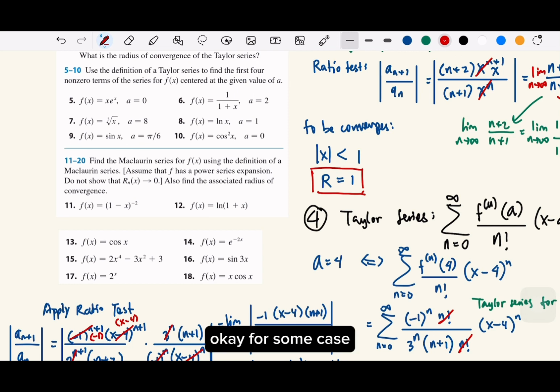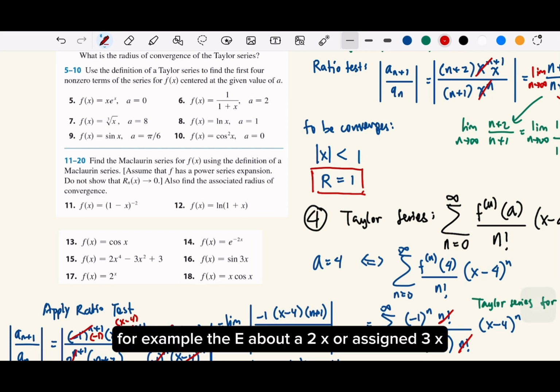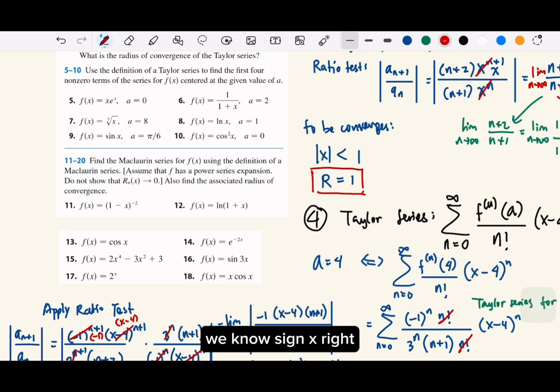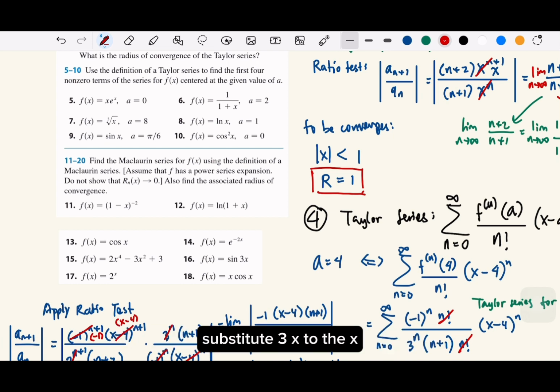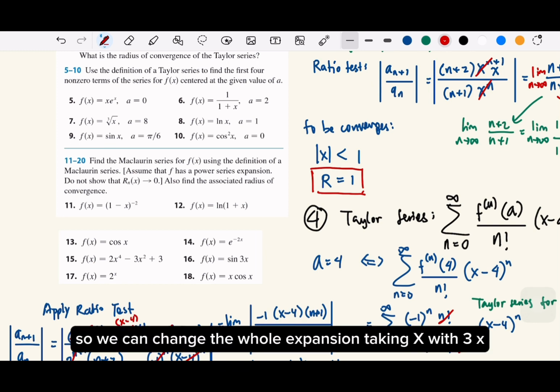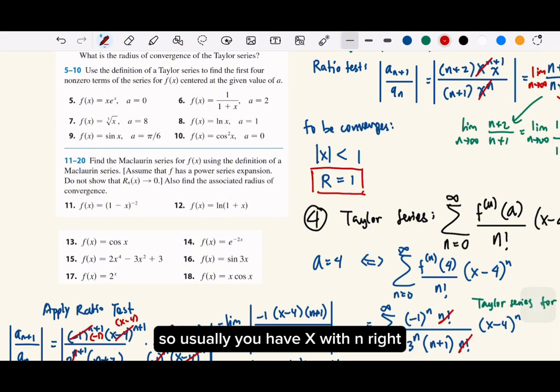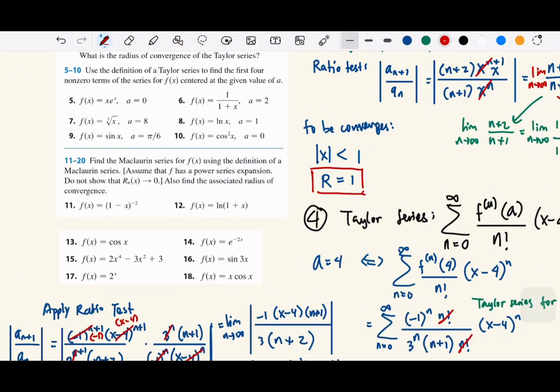For some cases, for example, e to the power of -2x or sine 3x, we know sine x, right? We know the power series representation. What we can do is substitute 3x for x. So we change the whole expansion, changing x with 3x. Usually you have x to the power of n, right? Change that x with 3x.